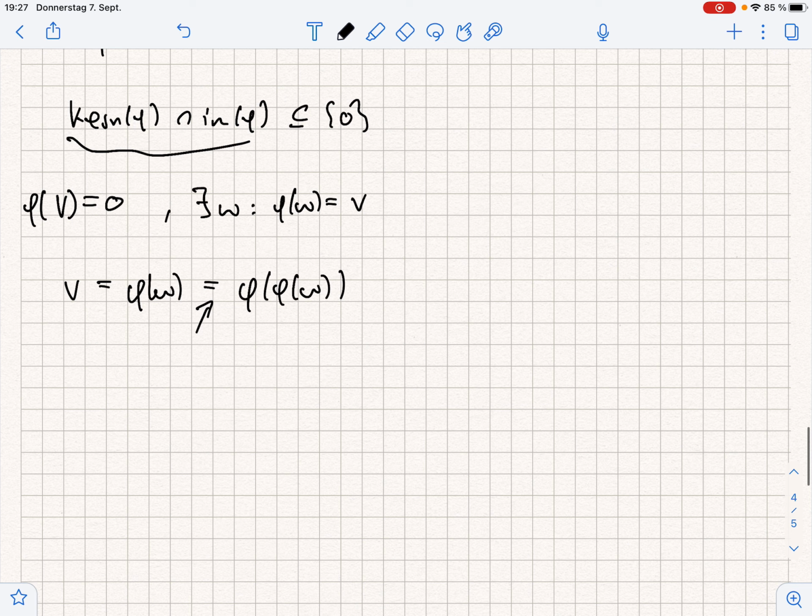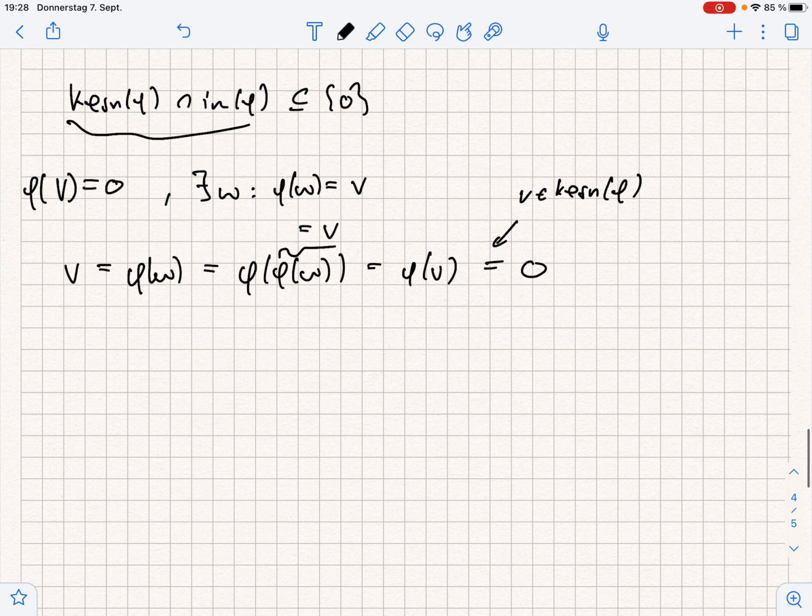Now this we know is equal to v because we know that w is mapped onto v. Thereby we can simplify this to phi of v, and this equals 0 as v is in the kernel of phi. Okay, so by this we have proven that the kernel intersected with the image of phi is equal to the null space.